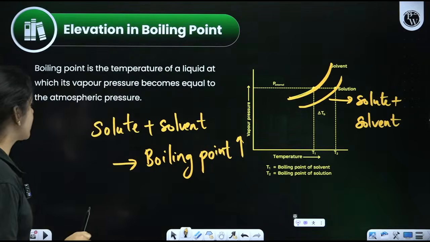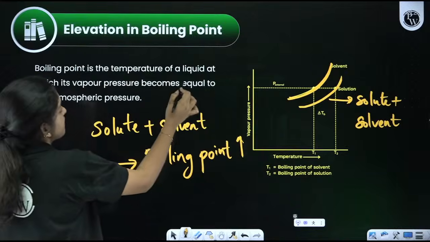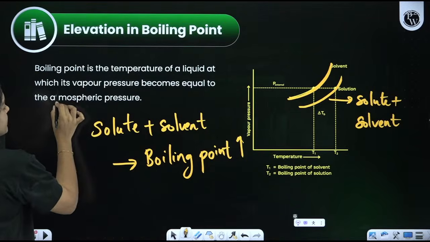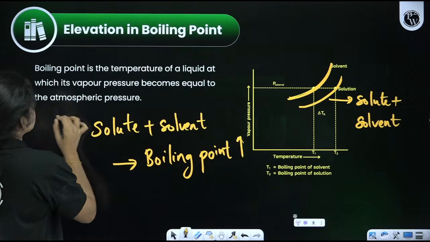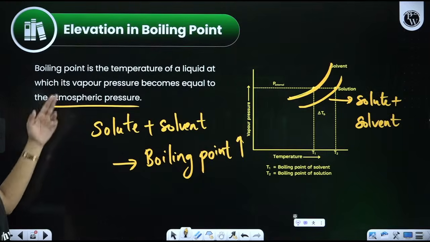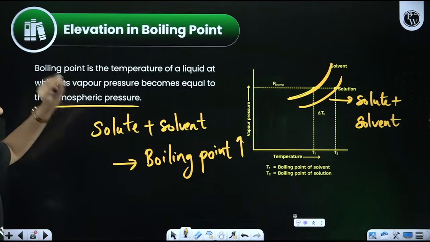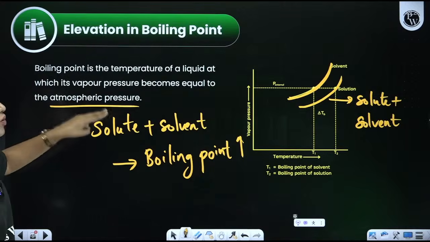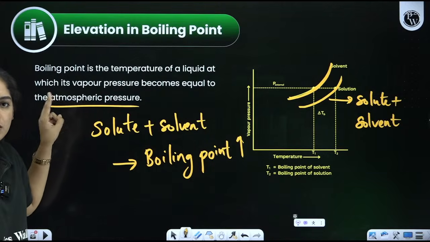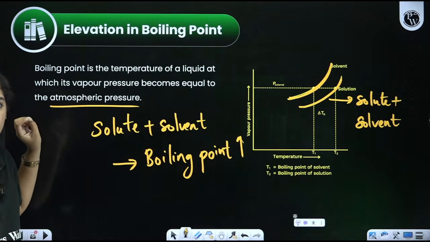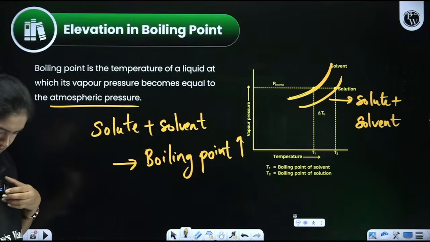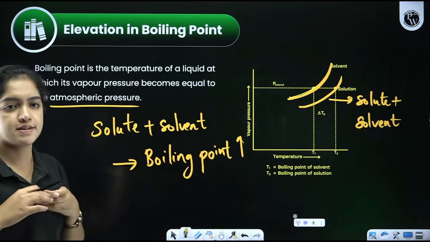So from this we can make an equation. What is boiling point? It is the temperature at which the vapor pressure of a liquid becomes equal to the atmospheric pressure.